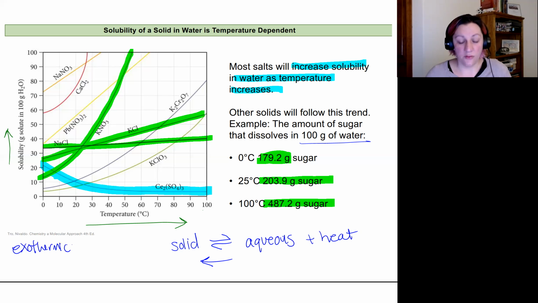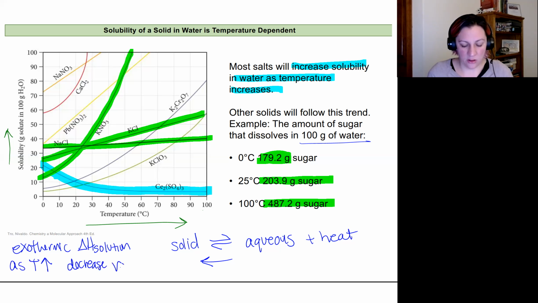And so really, as we increase our heat on an exothermic process where we're dissolving something, so if we have an exothermic enthalpy of solution, as our temperature increases, the amount of heat in the system increases, we're going to see a decrease in the rate of our solid becoming a solution.